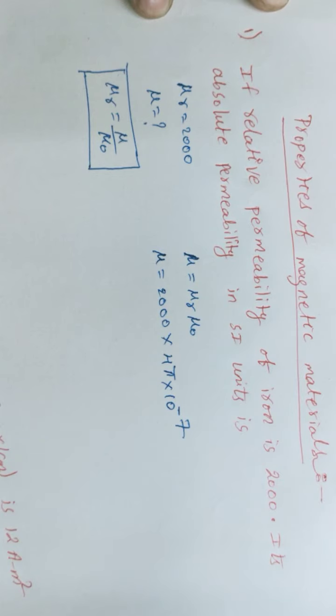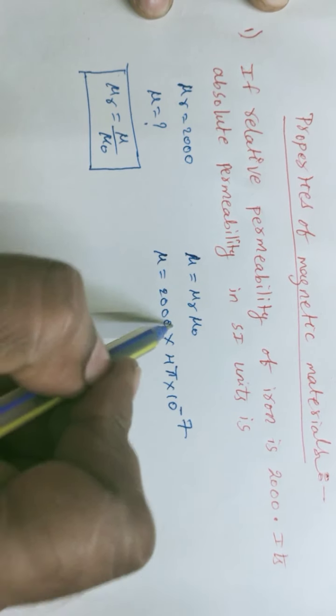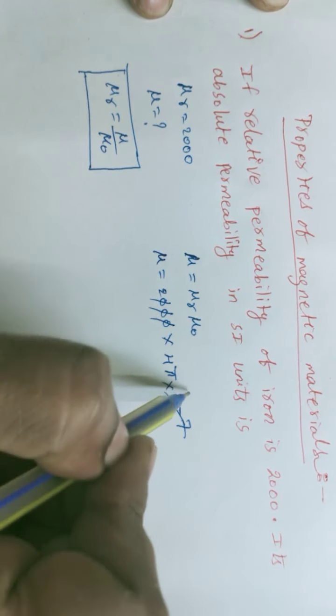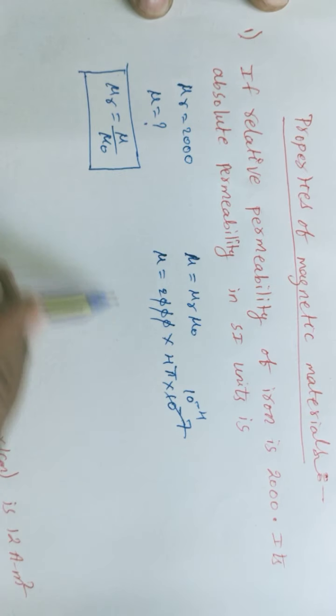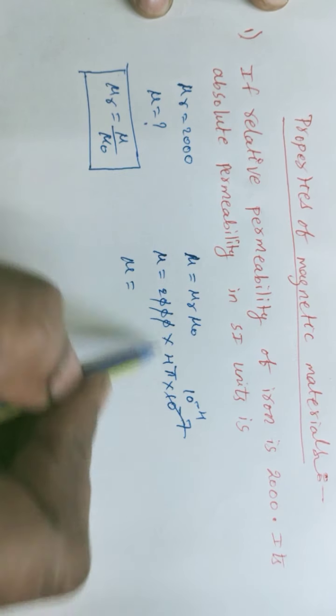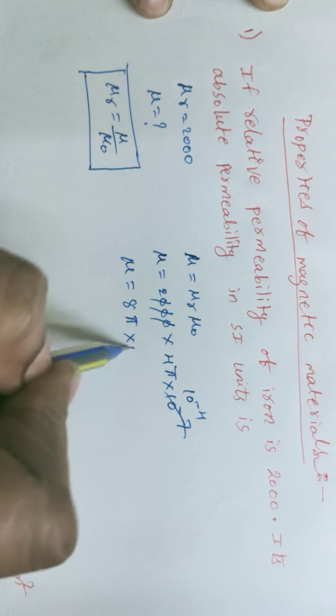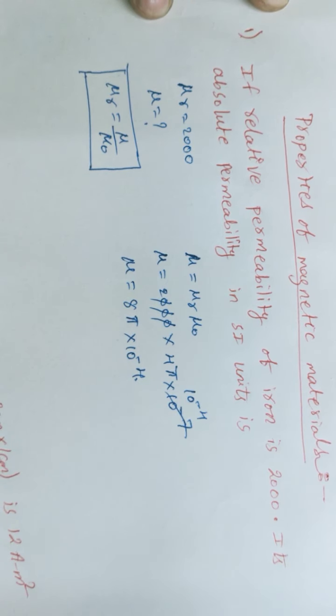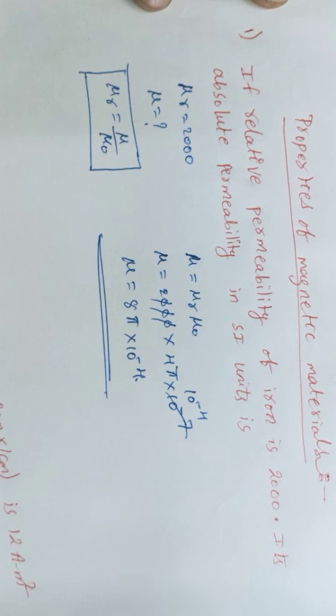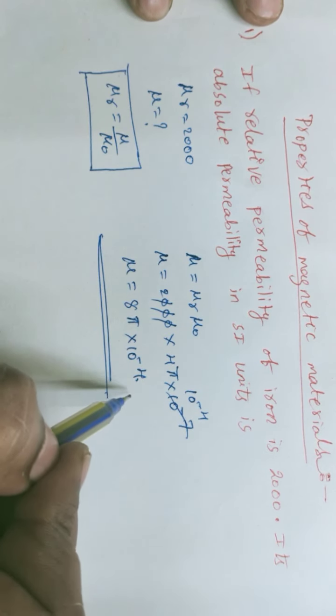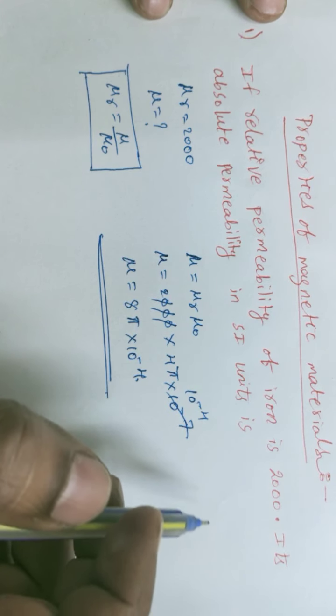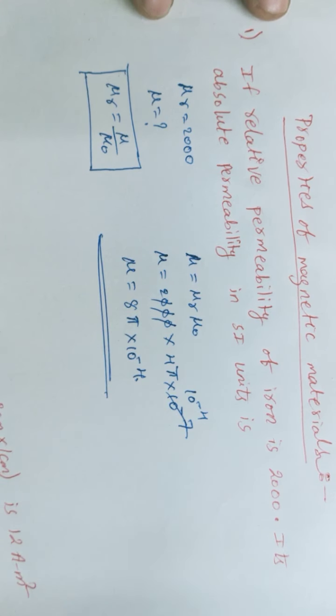Observe carefully, the 10 power minus 4 terms cancel. Finally mu is equal to 2 into 4 pi, that is 8 pi, into 10 power minus 4. This is the result in SI units. The unit is Henry per meter.